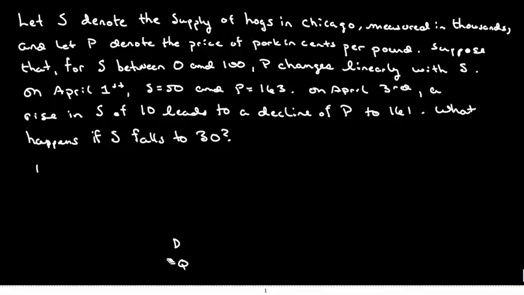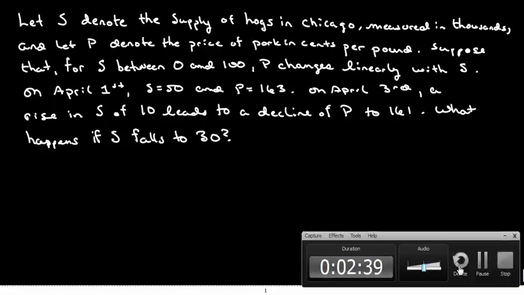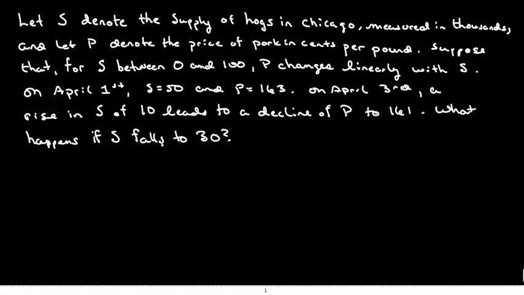Now we're going to set up an equation that represents what's going on up here. I'm going to let P be equal to some rate of change times S plus the B value, the intercept value. So this is like my Y and this is like my X. Now, how did I know to put S over here and P over here?